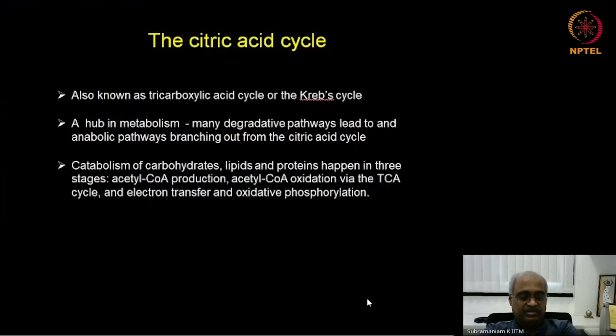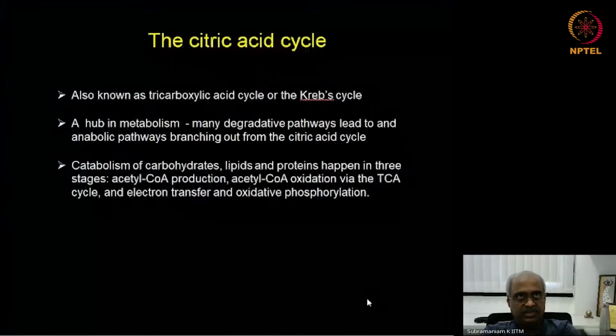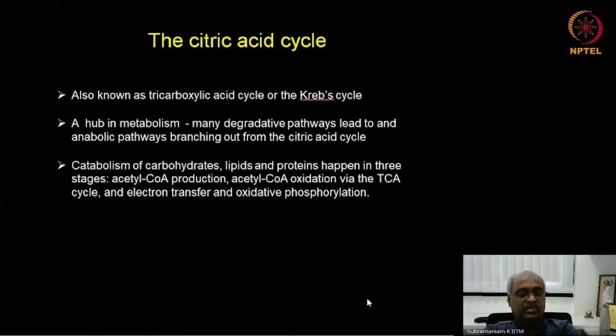We saw the pyruvate formation via glycolysis. Then we also saw the fates of pyruvate. For example, in our muscles under anaerobic conditions, it will be reduced to lactate by lactate dehydrogenase. And in yeast, pyruvate decarboxylase and alcohol dehydrogenase will produce ethanol.